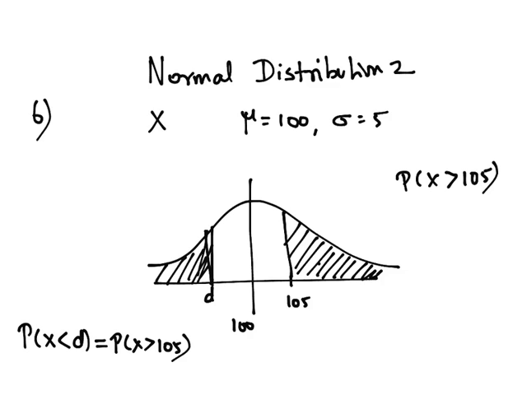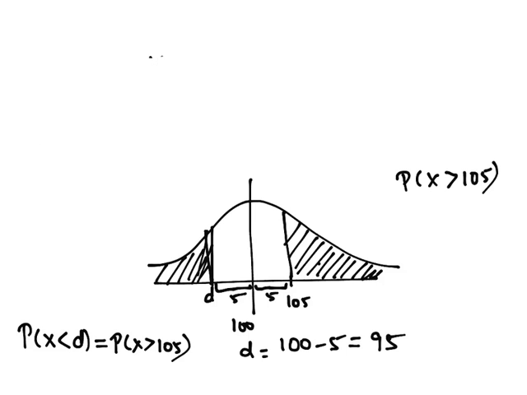So using the property of symmetry, this distance is 5, so this distance will also be 5. They are asking you to find the value of d. d is nothing but 100 minus 5, 95.